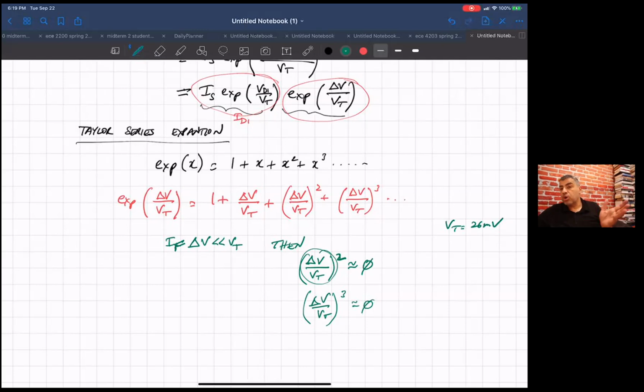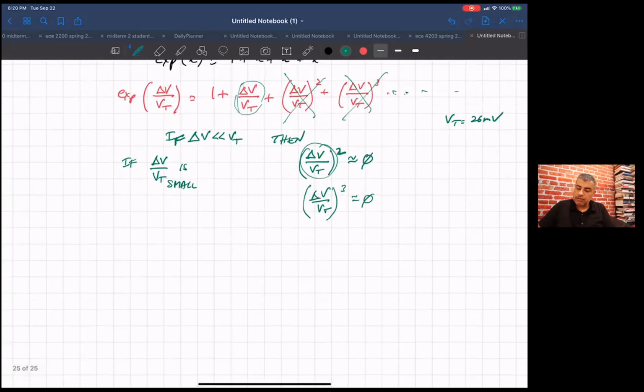The number just gets smaller as you go to the 4th power, the 5th power. So if delta V over V sub T is small, we're going to kill all these terms and all the terms to come.